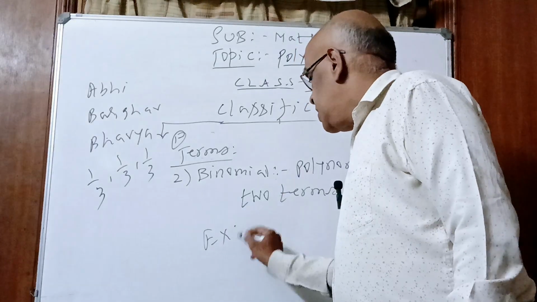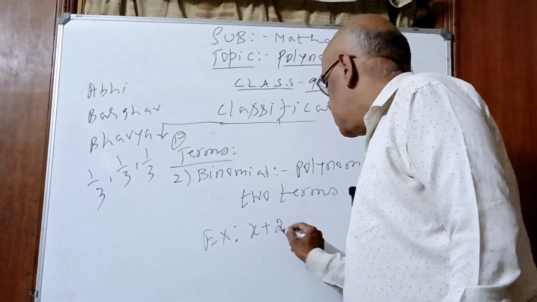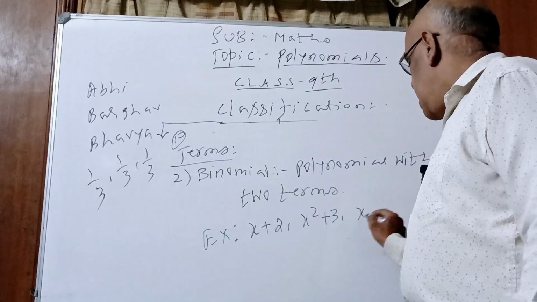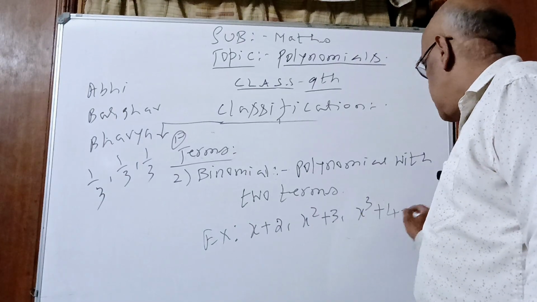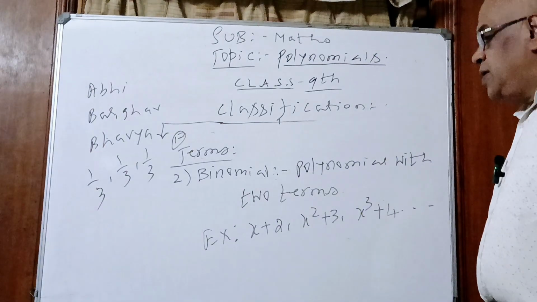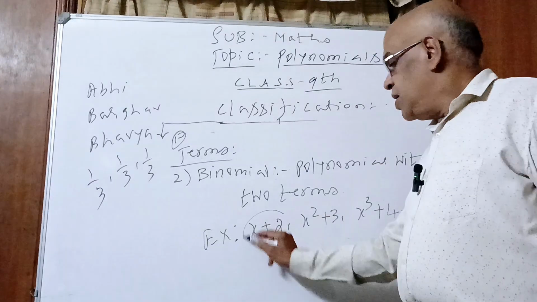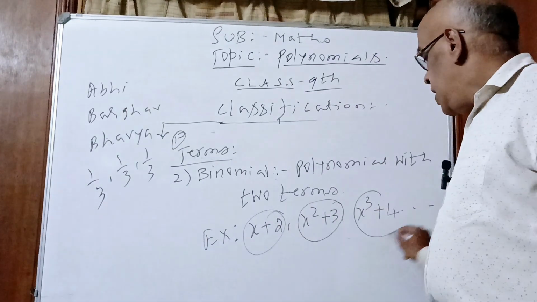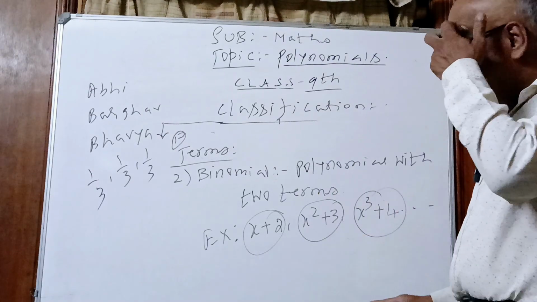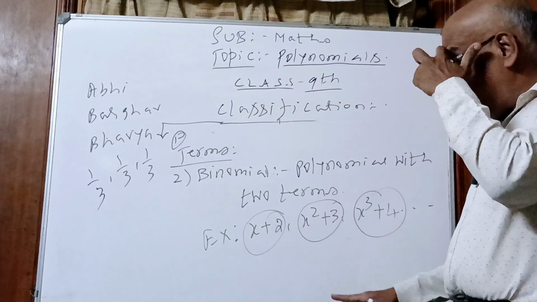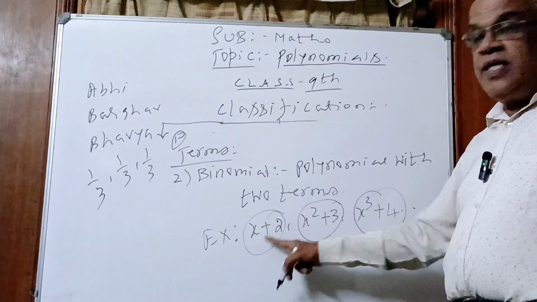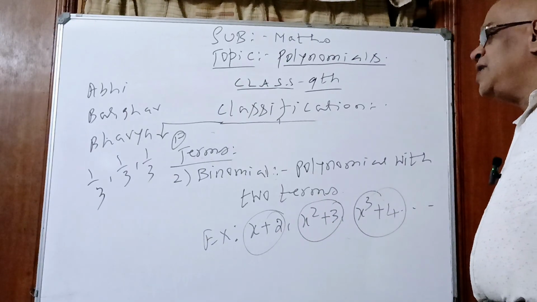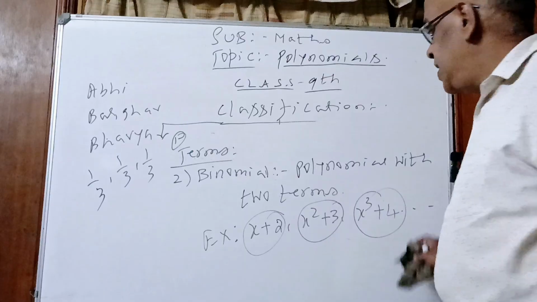Take x plus 2, x squared plus 3, x cubed plus 4, and so on. See now, what is this? Having two terms, x and 2, x squared plus 2, x cubed plus 4. If I put it under degree, this is linear, quadratic, cubic. That also we'll discuss. Very easy, nothing to explain in detail.